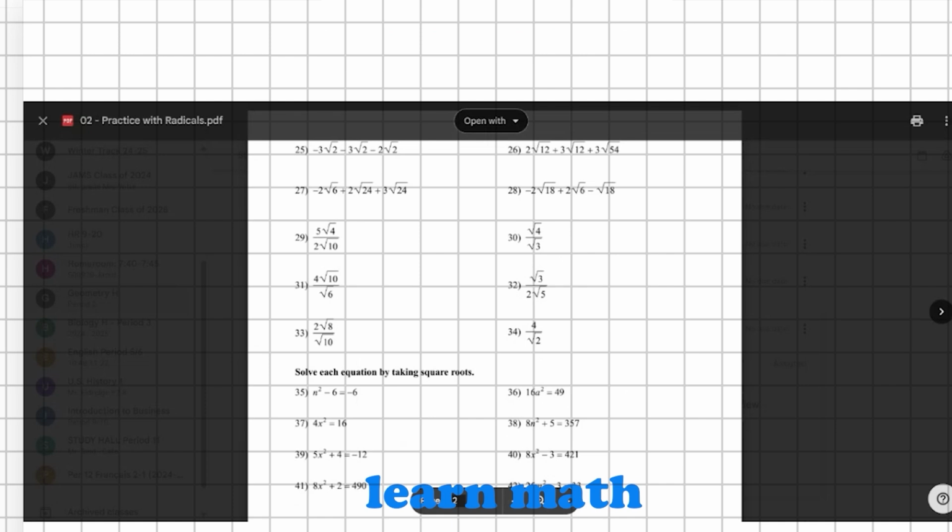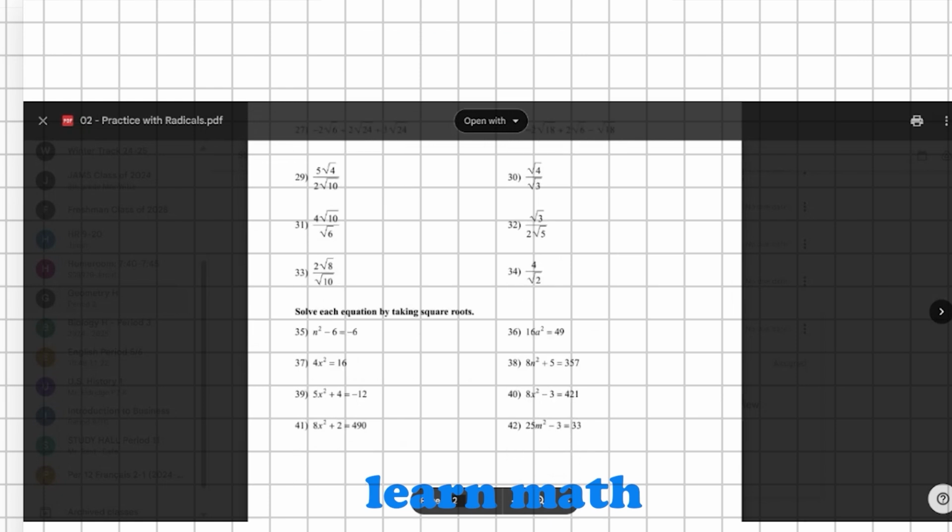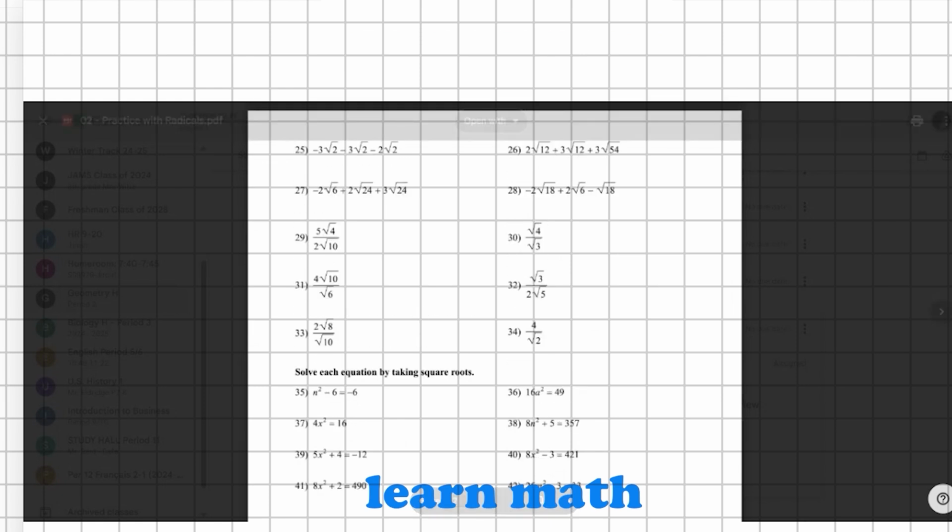So the answer is, can you directly tell me here? 25th answer. Negative 8 root 2. Good. Negative 8 root 2. You understand why, right? Negative 3, negative 2, negative 2. So negative 8.